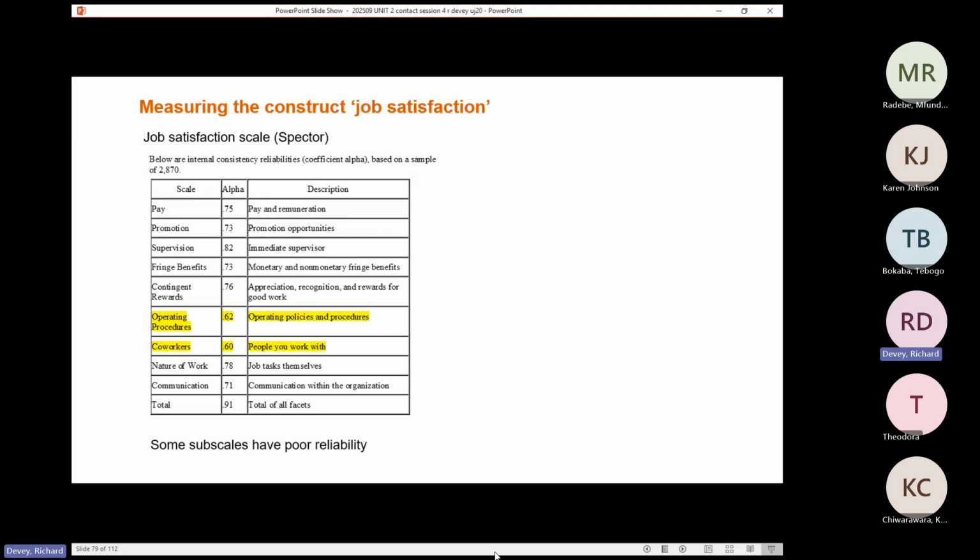So we're using the reliability to help us make a decision about whether we should use the scale or not. So if a student was using this, they would need to look at this and say, can I take a risk and use this with this low reliability, or should I look for something else? And I've chosen this deliberately because it's got other problems as well.